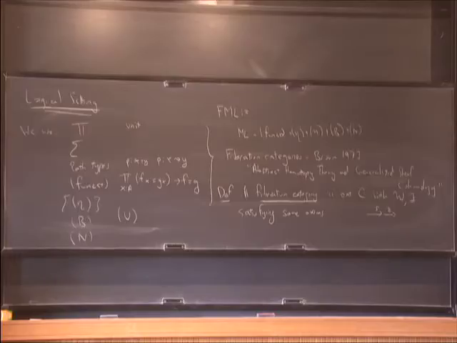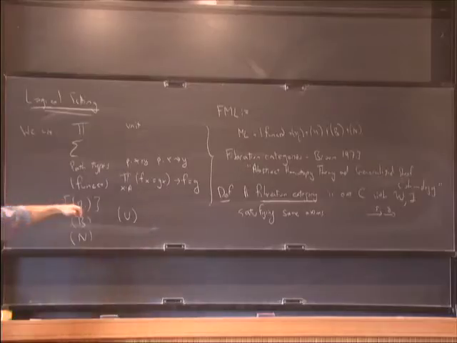And finally, the last axiom is that the diagonal map from any x to x cross x factors into a weak equivalence followed by a fibration. The idea is that you think of the thing in the middle as a path object. So every x is equivalent to a path object, which has a projection to x cross x.